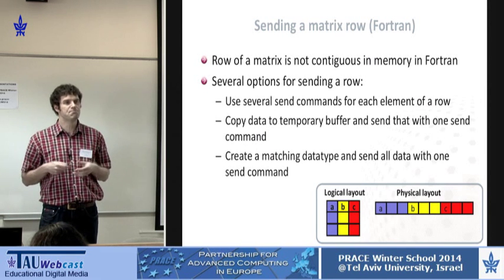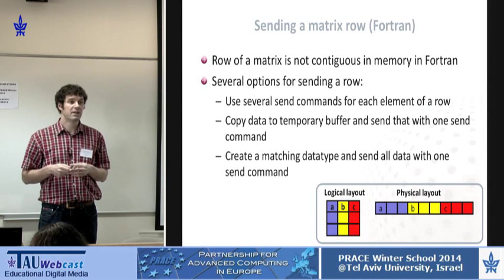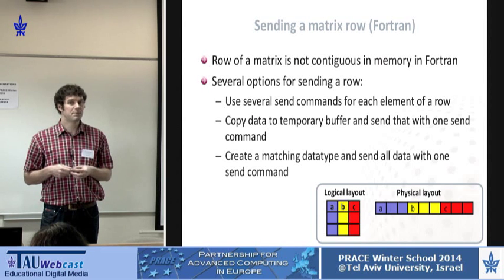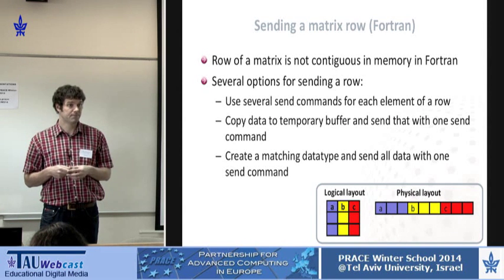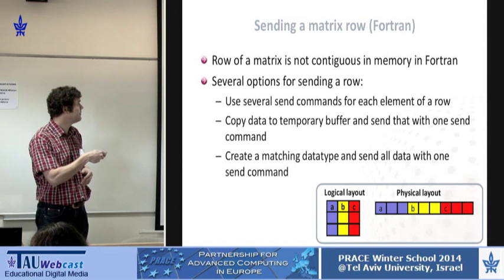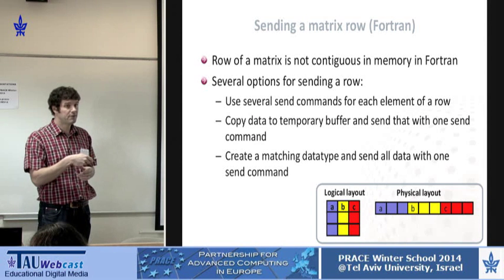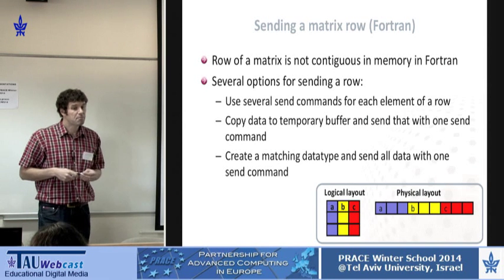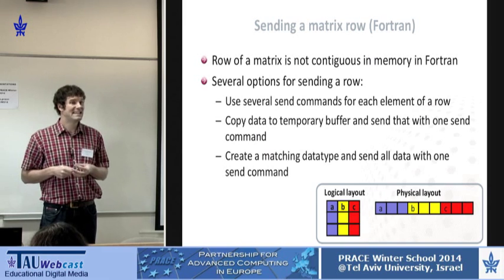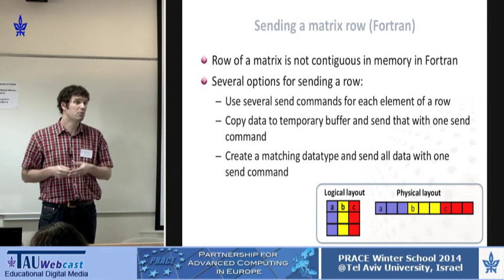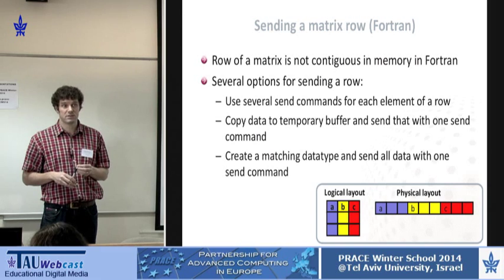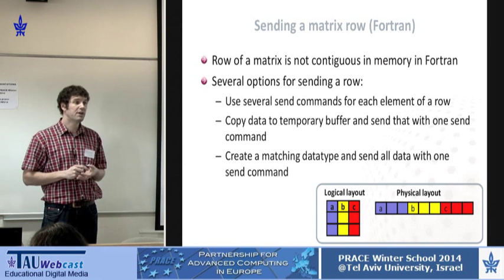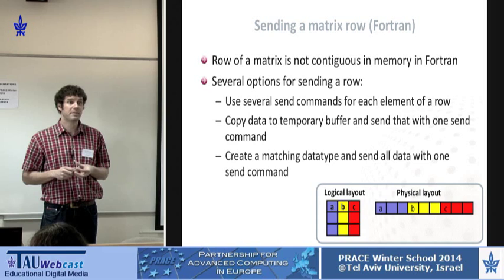The preferable way is by using MPI data types, and that way you might be able to avoid this one extra memory copy. But if you consider a case where you create this temporary buffer instead of doing several send and receive commands, that is more efficient. You have less latency there. You have fewer send and receive commands, and also in many cases the performance of MPI communication depends a bit on hardware and MPI implementation, and on the size of the message you are sending.